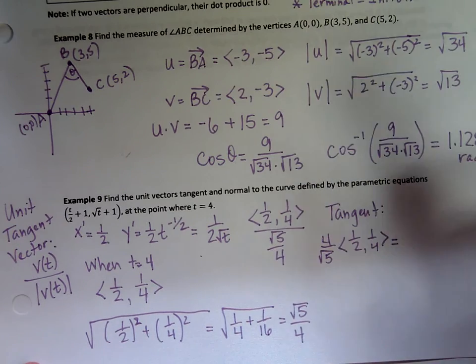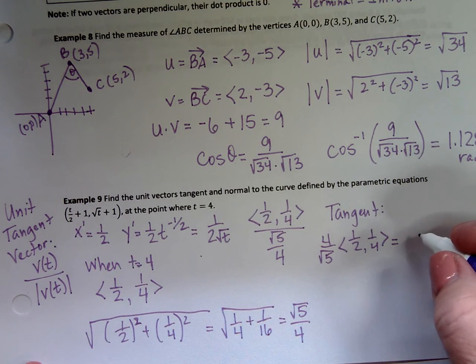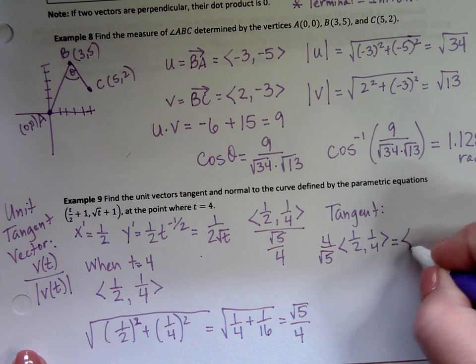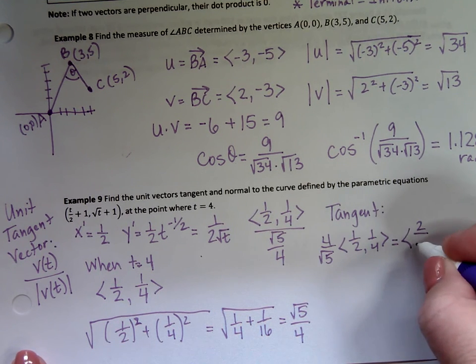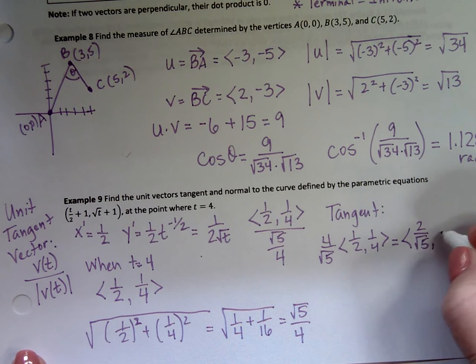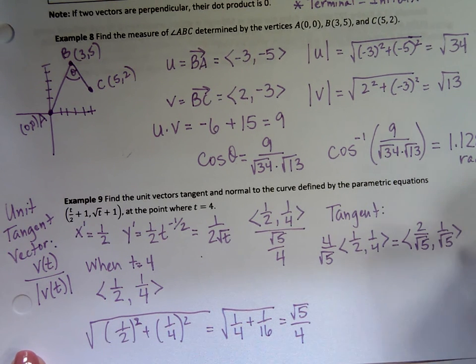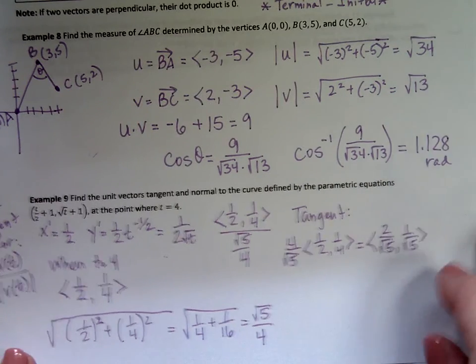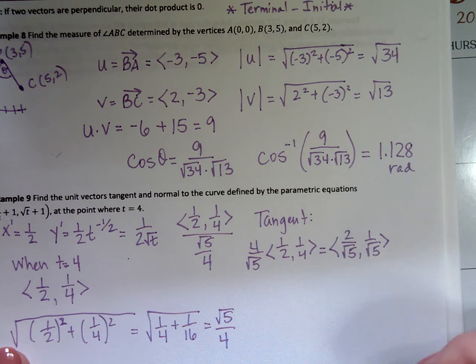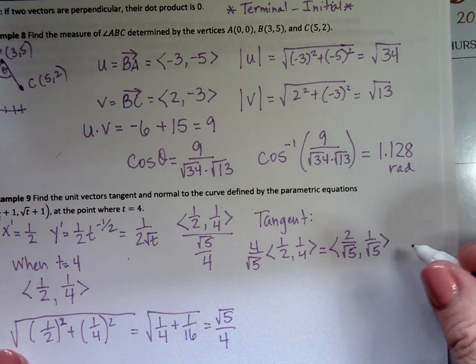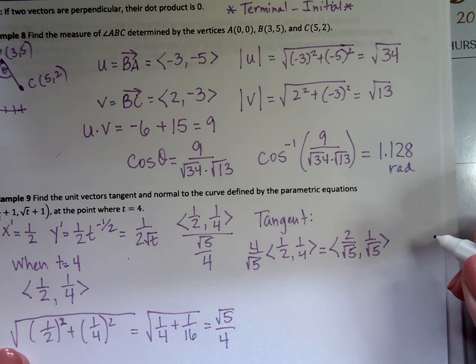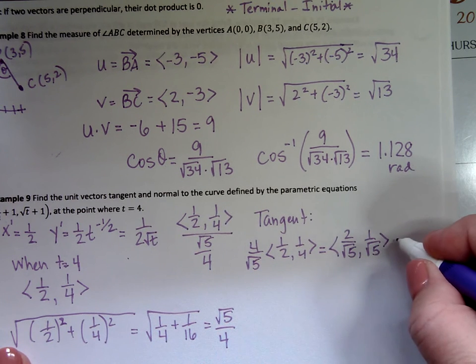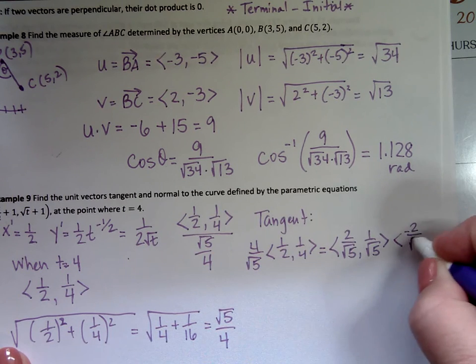So that gives me a result of 2 over the square root of 5 and 1 over the square root of 5. But interestingly enough, and this is where it gets a little goofy, this part up to here is not that big a deal. There's actually 2 tangent vectors, and the other one goes the other way, the opposite direction. So it would be -2 over the square root of 5, -1 over the square root of 5.